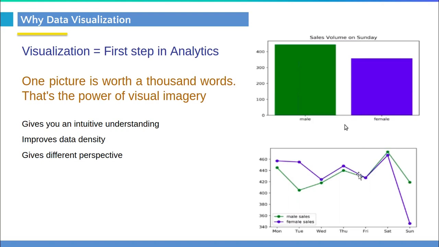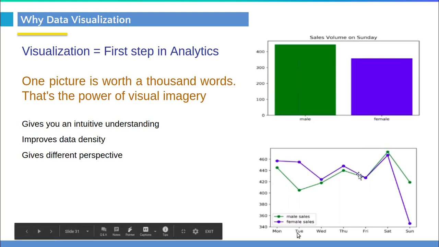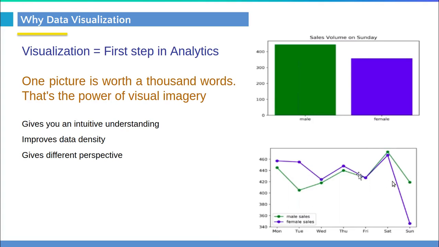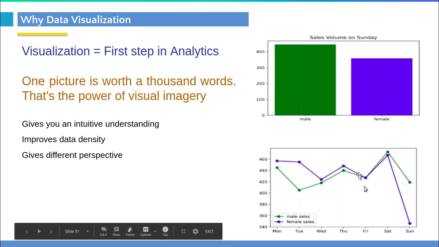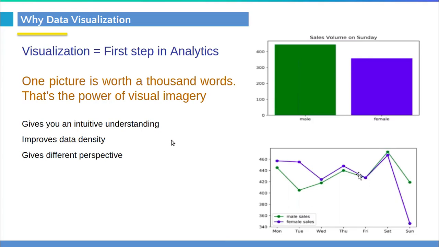Someone can say there are more male customers this Sunday, right? Similarly, the total male sales volume, how it is going up and down. Probably female sales were good on weekdays, and on the weekend suddenly dropped. This gives a glimpse, a clear picture, an intuitive understanding about your data.